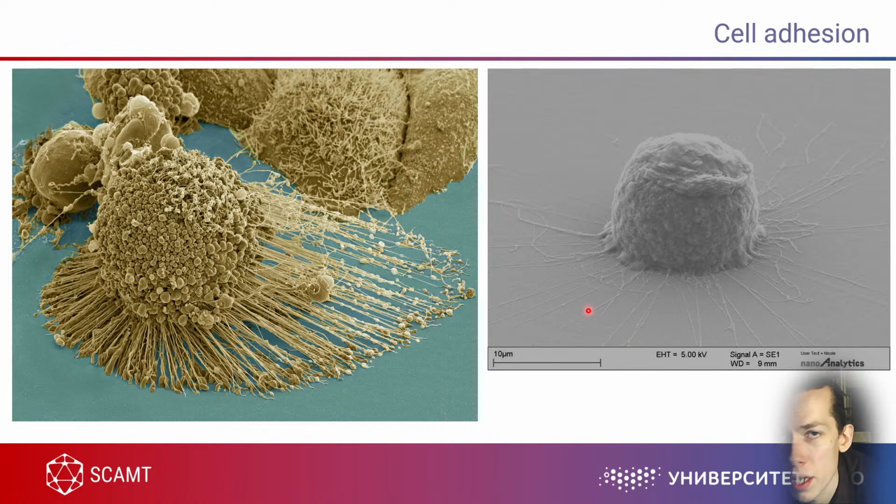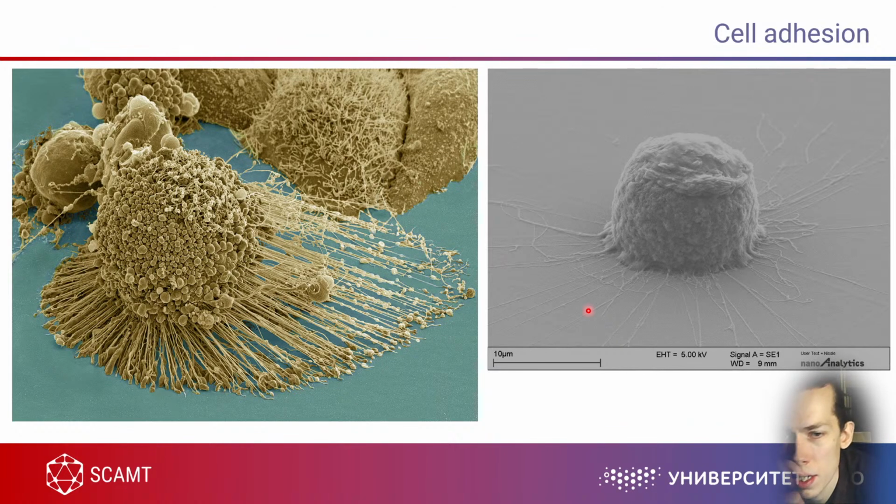Some receptors on the surface of the cell membrane are connected with the cytoskeleton, and it's part of a defense mechanism against cancer formation. As you know, cancer can produce metastasis in other organs.